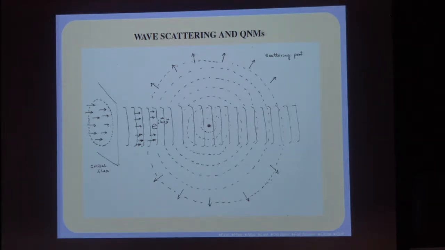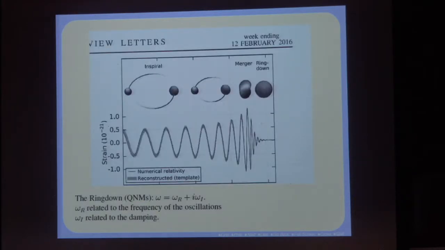Just to recall what the quasi-normal modes are: they are the modes that arise when a perturbation interacts in a curved background. It may be a black hole, or in our case a wormhole, or any other gravity source.